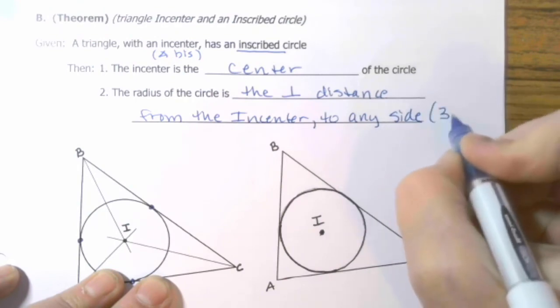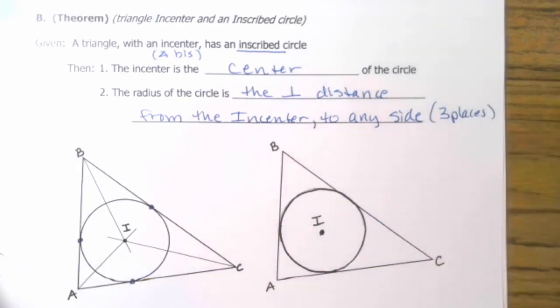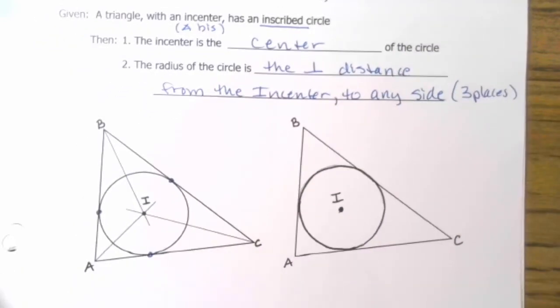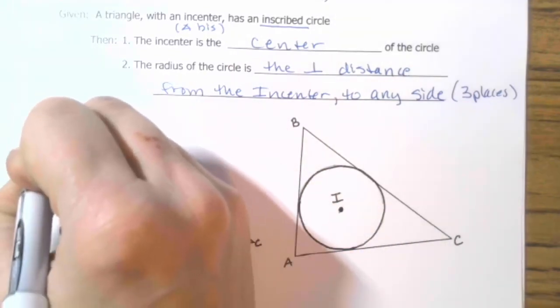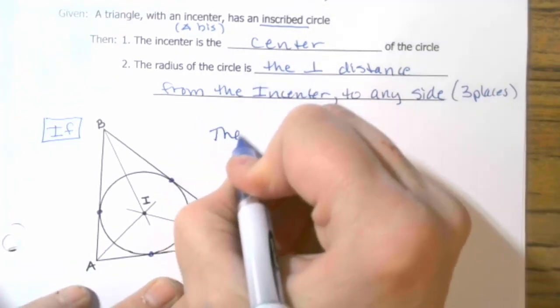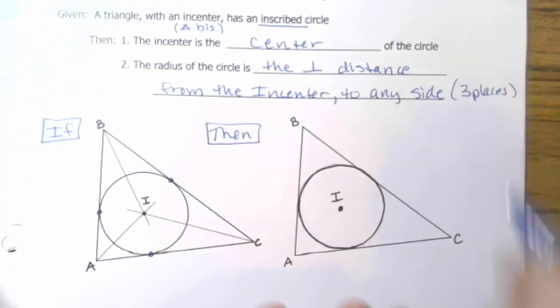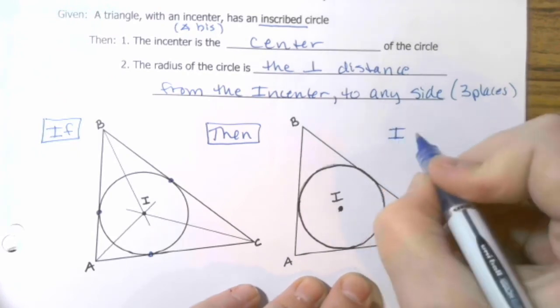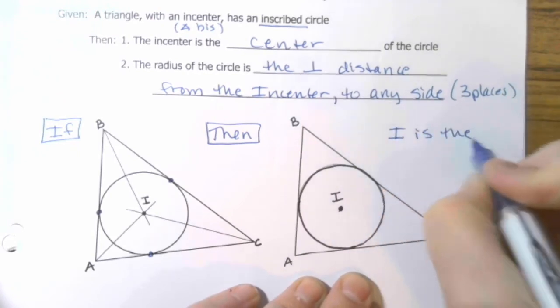And this happens at 3 places. Okay, so let's look at our visual. Here's our if. If we have a circle inscribed in a triangle, then we can put up here, I is the center of the circle.